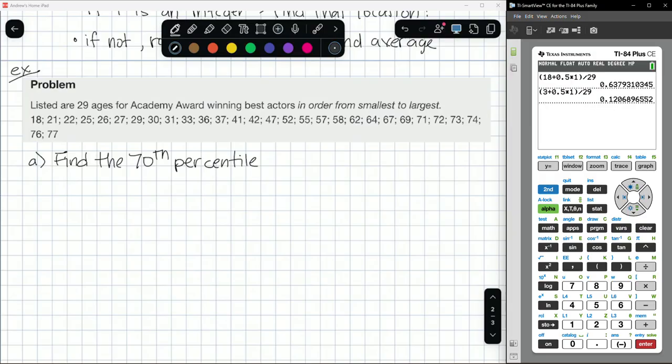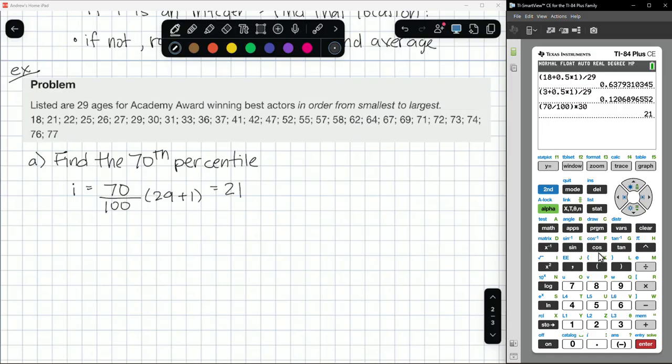So we're going to find our location in the list, I. That's equal to my percentile over 100 times sample size plus 1. So let's go ahead and type this in. We're going to have 70 divided by 100 times 29 plus 1 is 30. And I get 21.